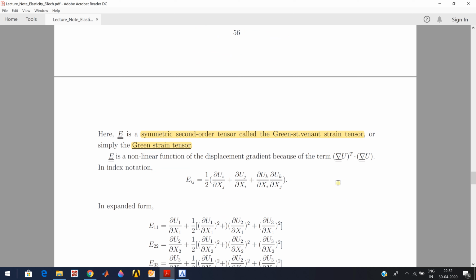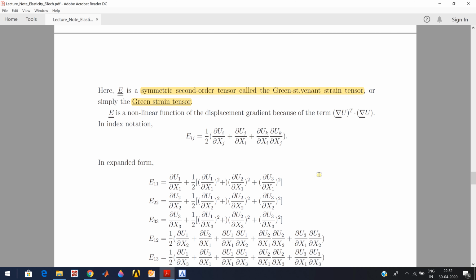So this nonlinear term gives this relation as a nonlinear strain displacement relation. Okay, so the strain is a nonlinear function of the displacements u.